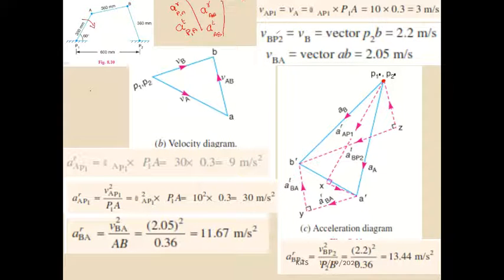Then radial line for BB2. Then tangential line for BB2.